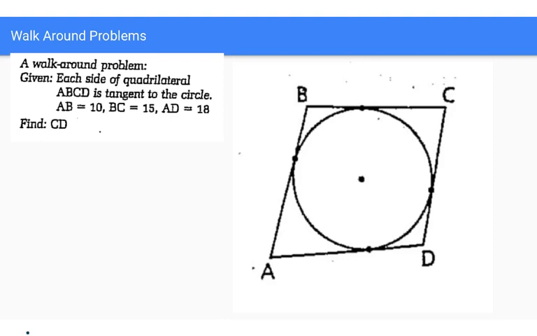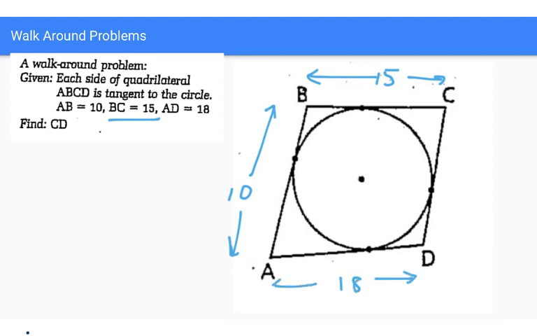Okay, so for example, we have this quadrilateral ABCD, and it's tangent to the circle. And we know that from A to B, this whole side is 10. And from B to C, this whole side is 15. And from A to D, this whole side is 18.